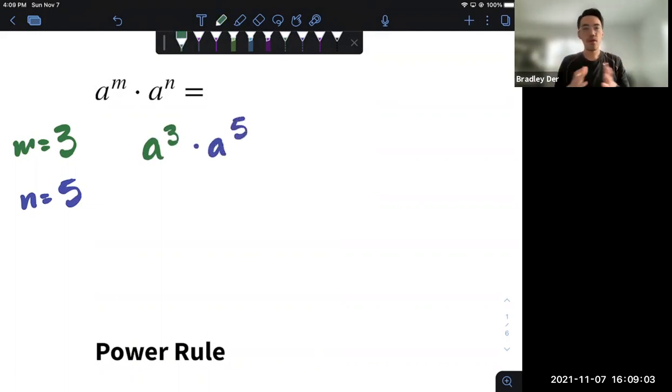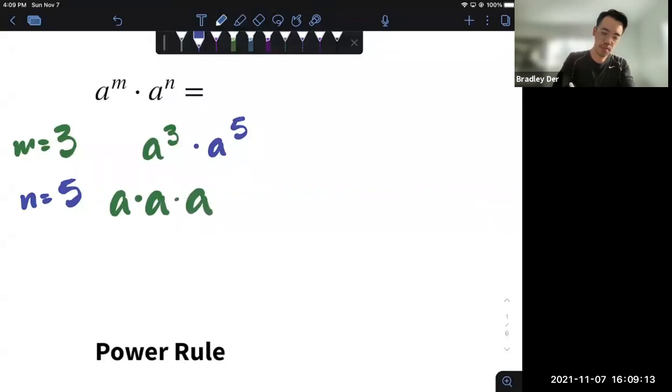A to the third would be 3 a's multiplied together, a cubed. A to the fifth, likewise, would be 5 a's multiplied together.